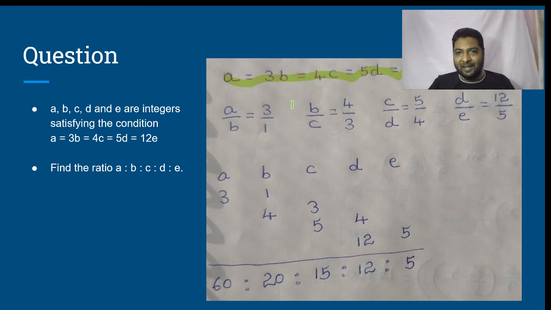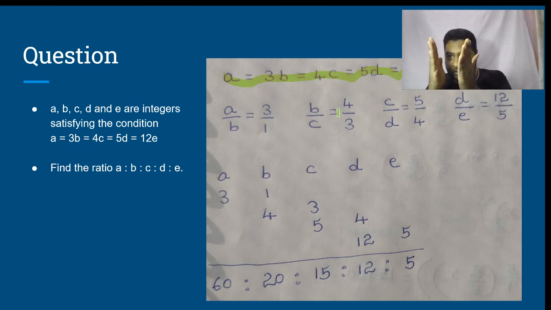So B by C will be equal to 4 by 3. Forget about everything else. Just concentrate on 3B is equal to 4C. That means B by C will be equal to 4 by 3. Now, forget about everything. Just concentrate on 4C is equal to 5D. That means C by D is equal to 5 by 4.